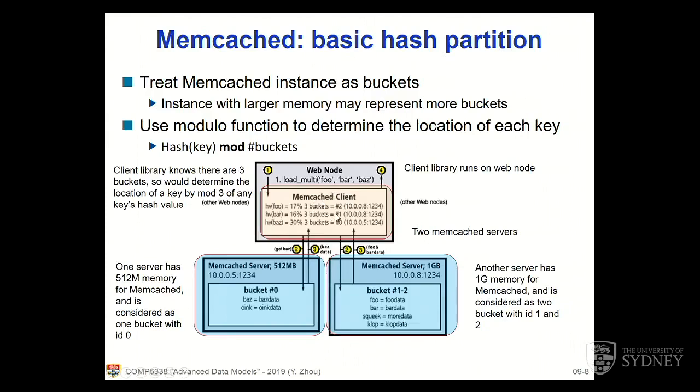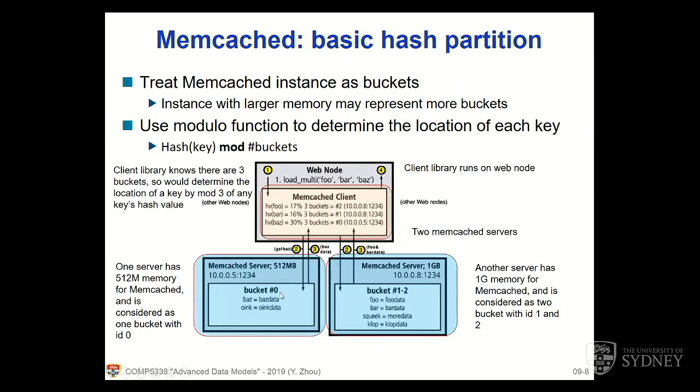So it doesn't need to save any mapping, because the location is determined pretty easily just by running a mod. So each time the client receives a request to load the data belonging to foo and bar, and bars, if we give 3 keys, the client will work out the hash value of those keys, say 17, 16, 30, and then take a mod. This mod is 2, so it says this is in bucket 2, and this is in bucket 1, and this is in bucket 0.